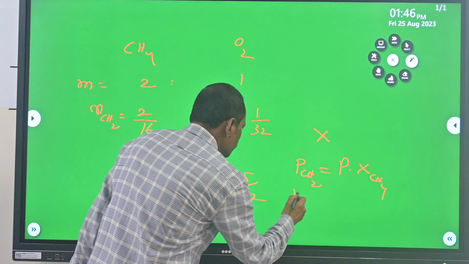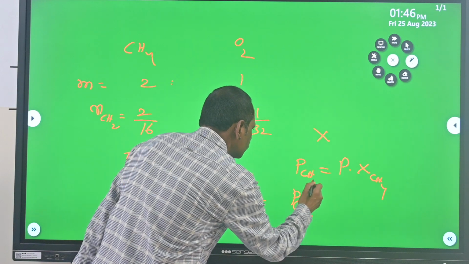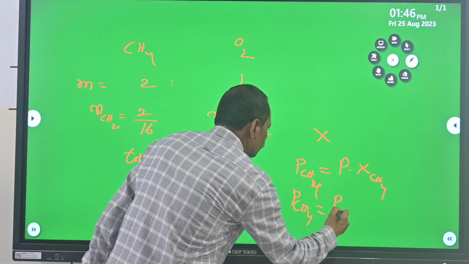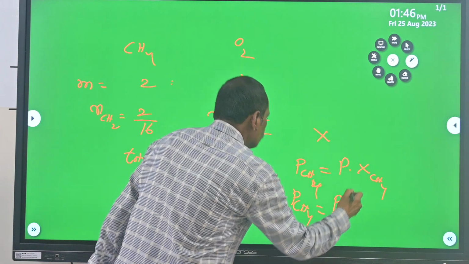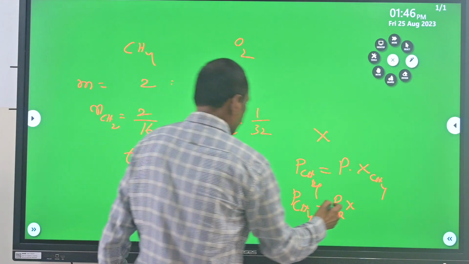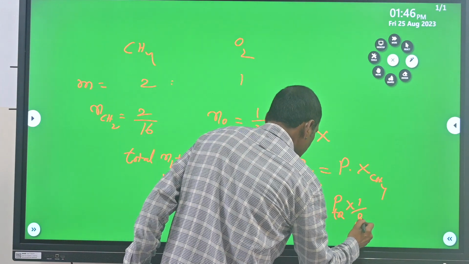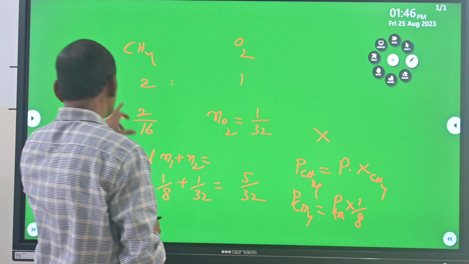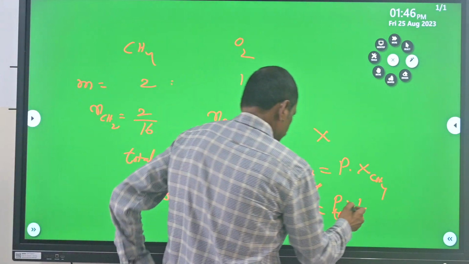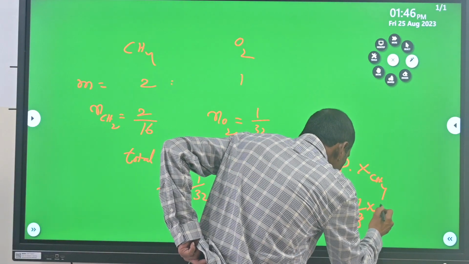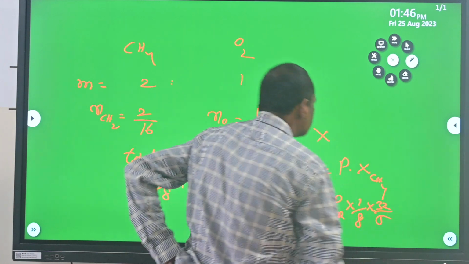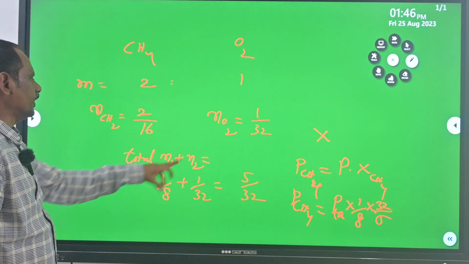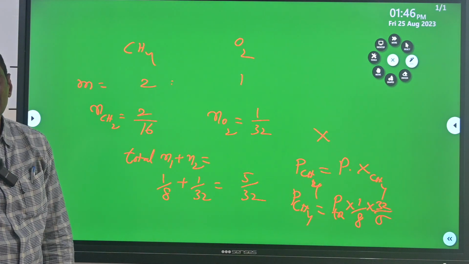Therefore, the partial pressure of methane is total pressure into mole fraction of methane, that is 1 by 8 by 5 by 32. Like that, calculate it and you will get the answer.